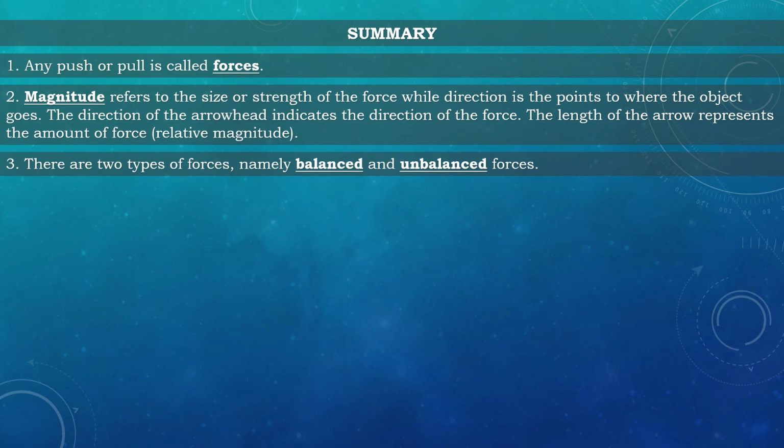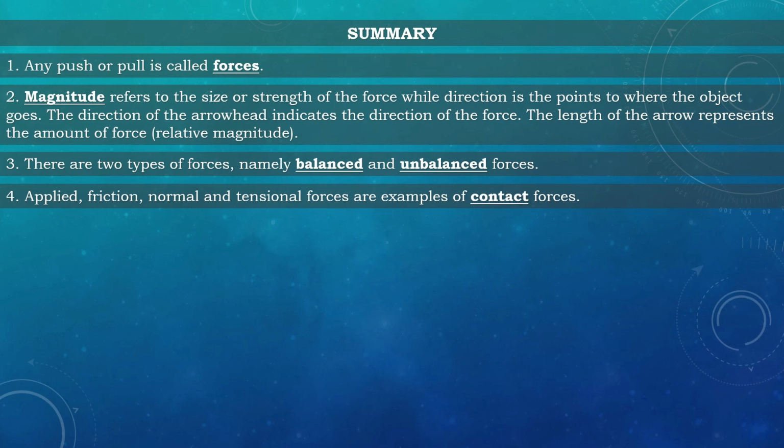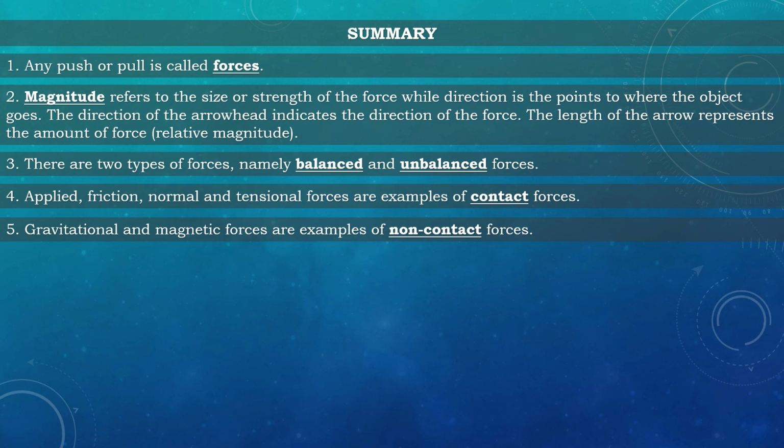There are two types of forces, namely balanced and unbalanced forces. Applied, friction, normal and tensional forces are examples of contact forces. Gravitational and magnetic forces are examples of non-contact forces.